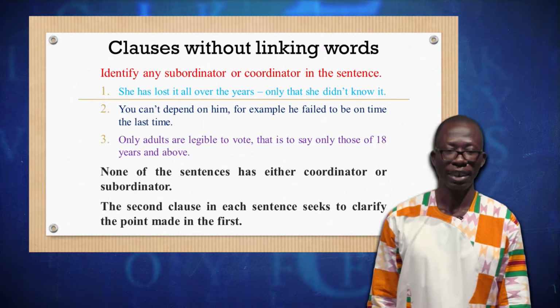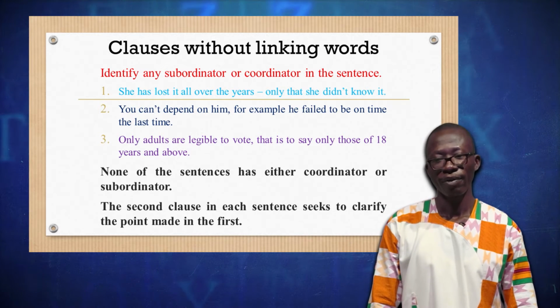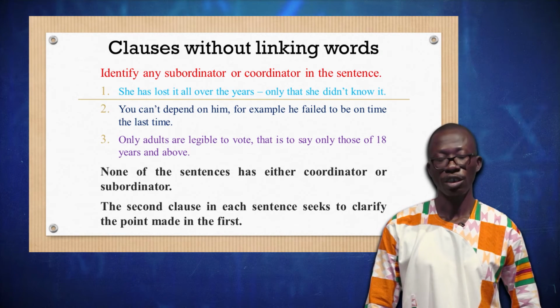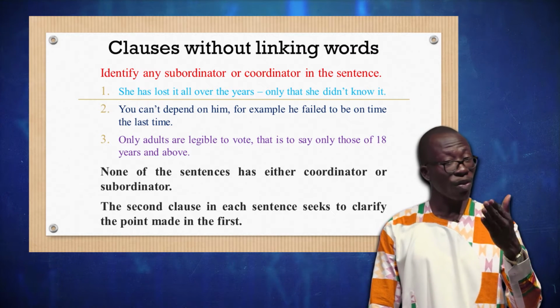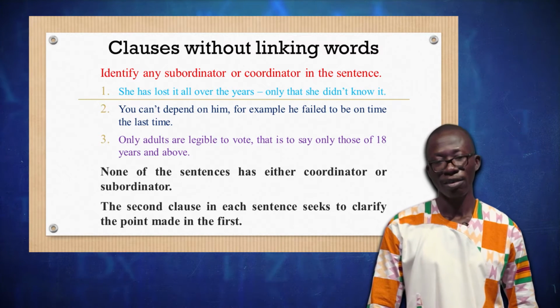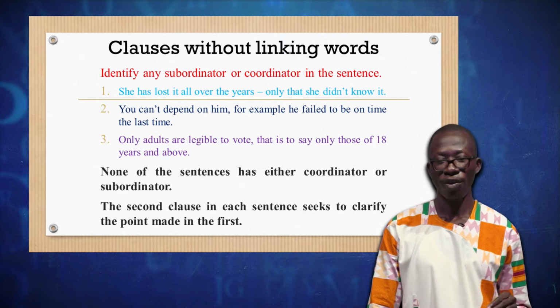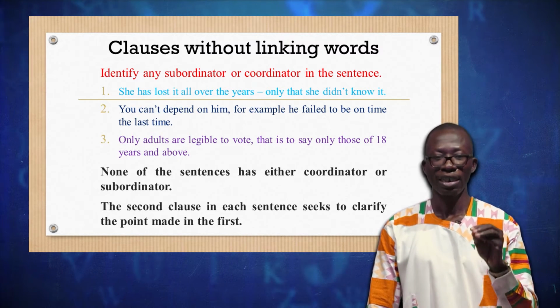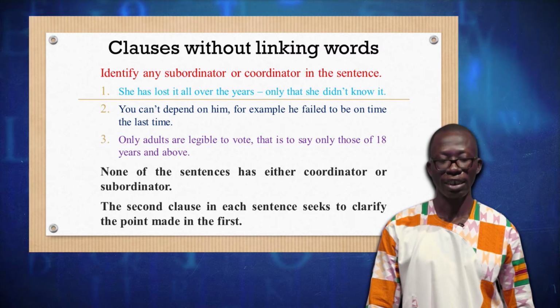None of the sentences has either a coordinator or a subordinator, as we've mentioned already. So going through these three sentences, you wouldn't see a subordinator or a coordinator, yet there's a connection between the clauses in these sentences.